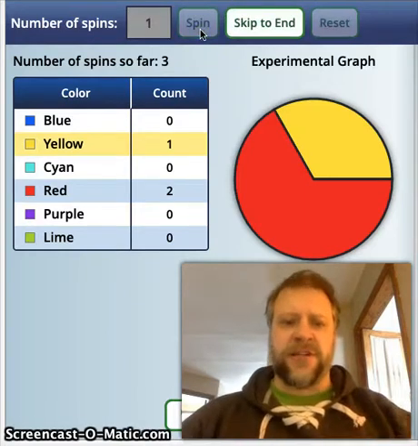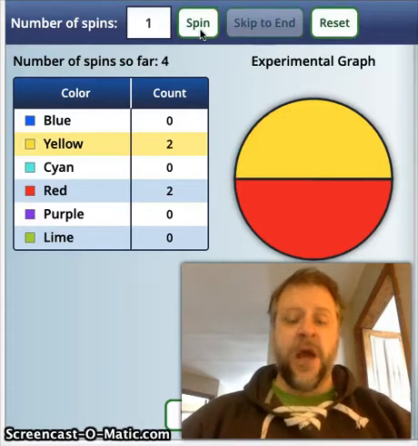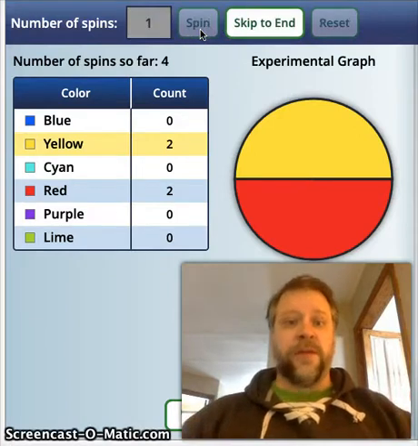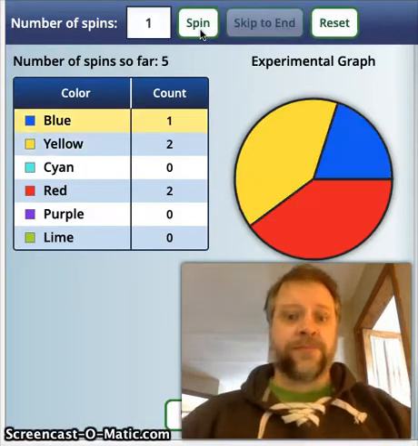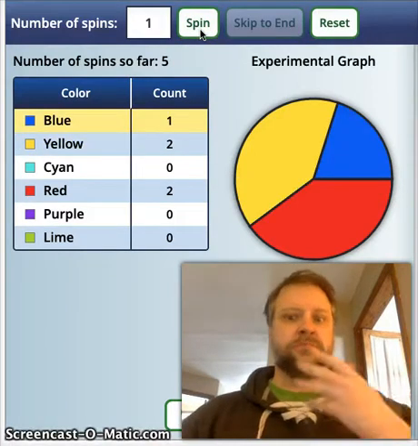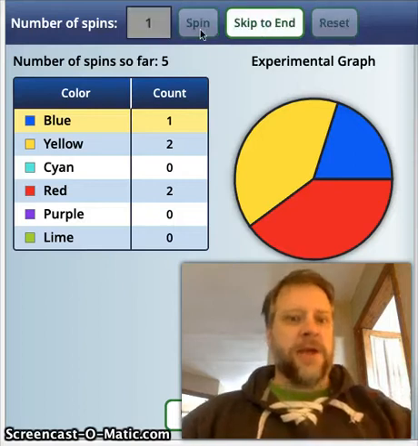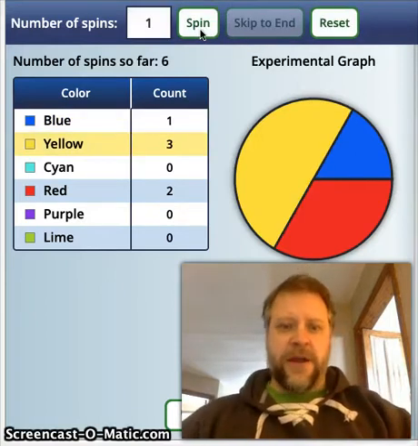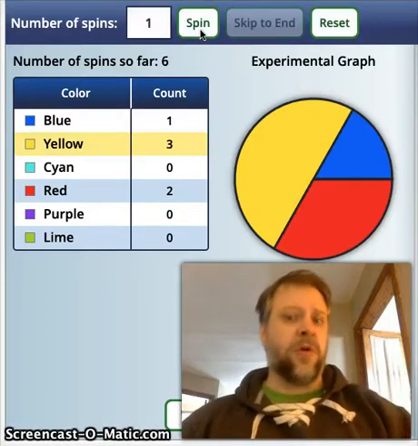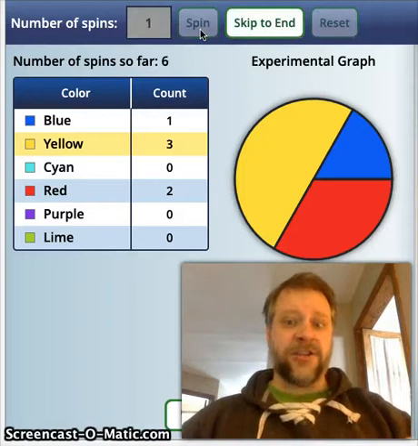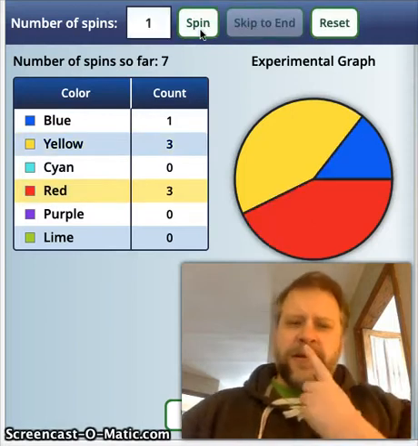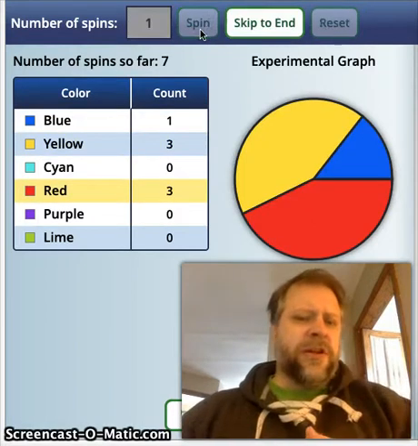Let's do this a couple more times. Let's get to 10 spins and see. Oh, yellow and red are even. All right, keep going. Oh, there's blue. Interesting. Okay, I'm at 5, halfway there. Oh, yellow must actually be much bigger. Now, didn't I say there were 6 colors on here?